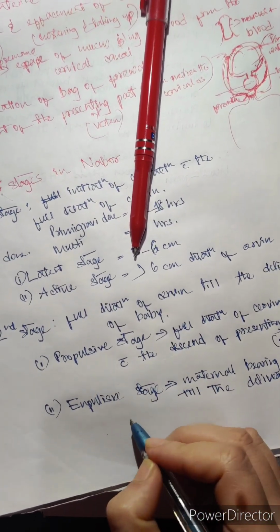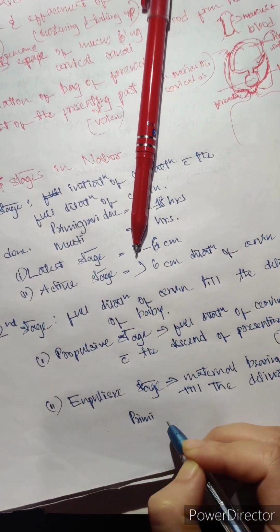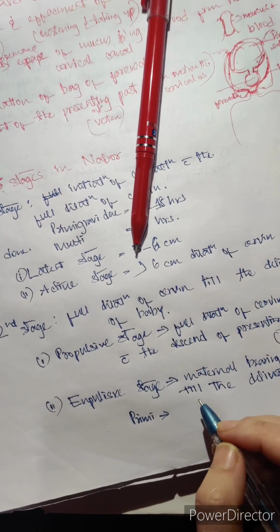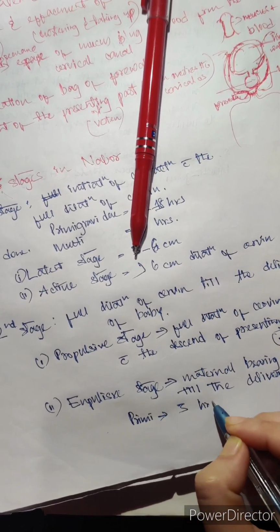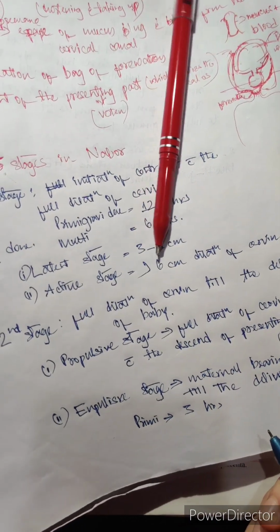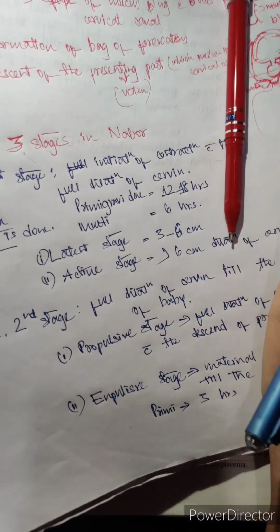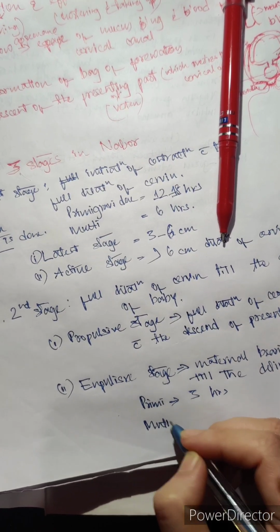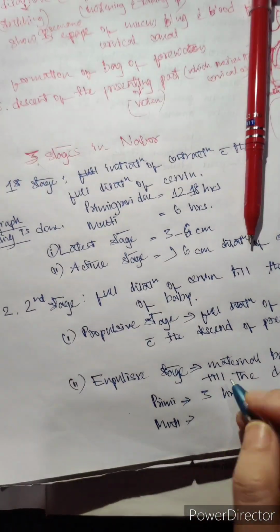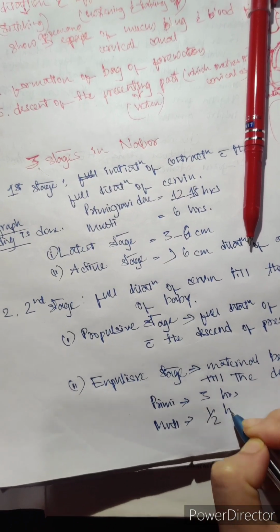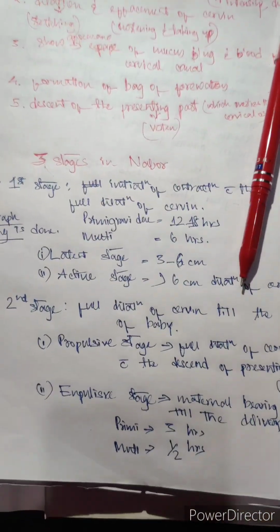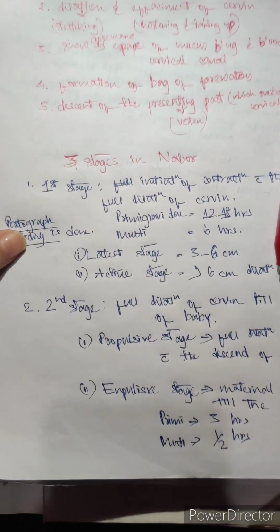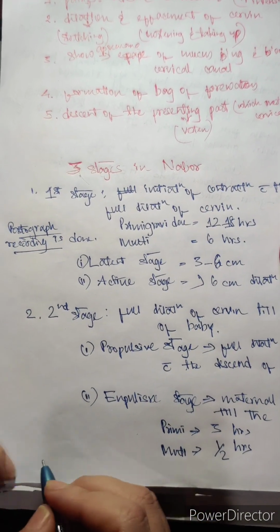In primigravida, it is about 3 hours, and in multigravida, it is about half an hour.